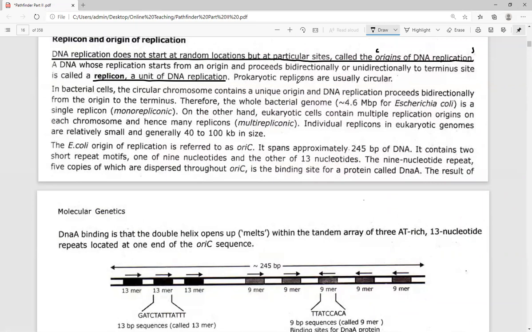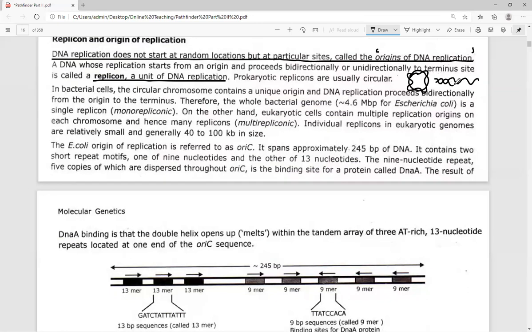Prokaryotic replicons are usually circular because prokaryotic DNA is usually circular in nature. If you look here, this is the prokaryotic DNA molecule, which is usually circular in nature, whereas the eukaryotic DNA molecule is usually linear.